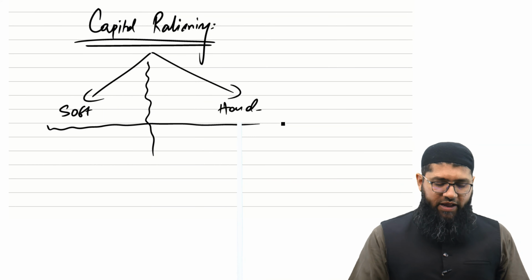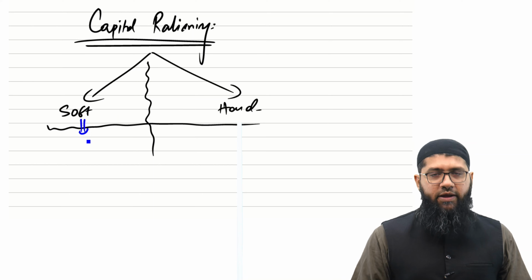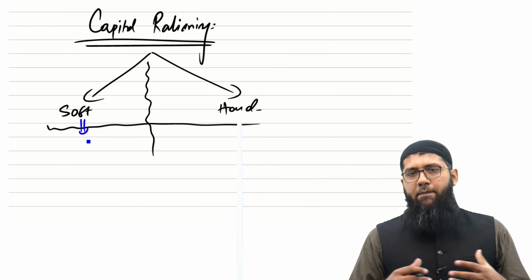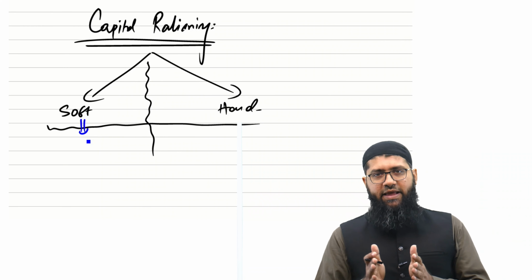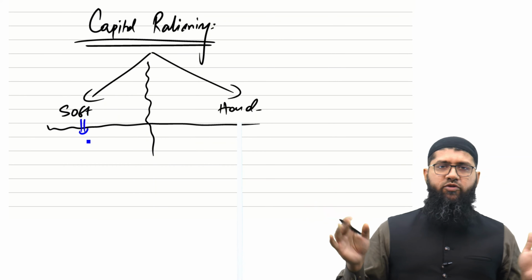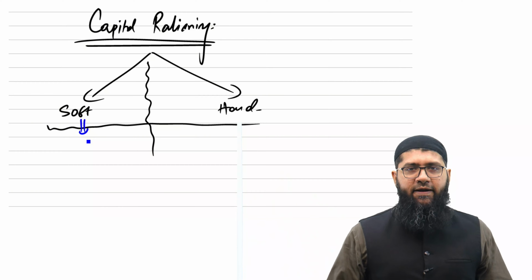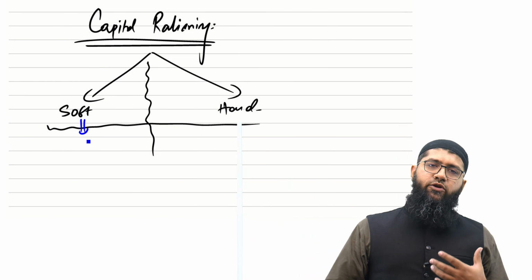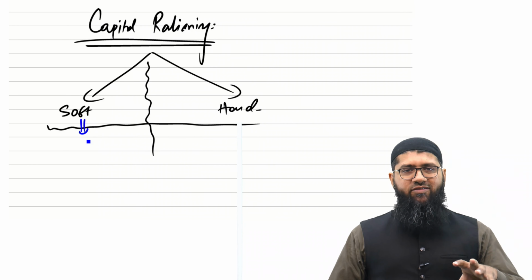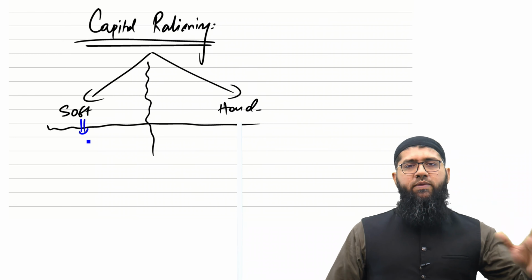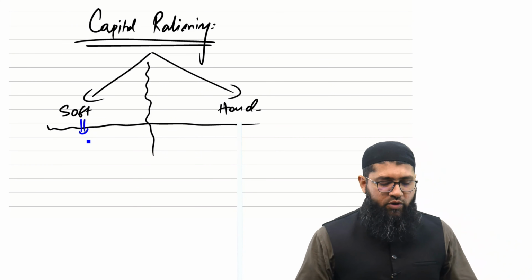Capital rationing is when you have limited capital and many investment opportunities, so you cannot invest that capital into every single opportunity that you get. You need to invest in a project that is appropriate and relevant for you as an entity.